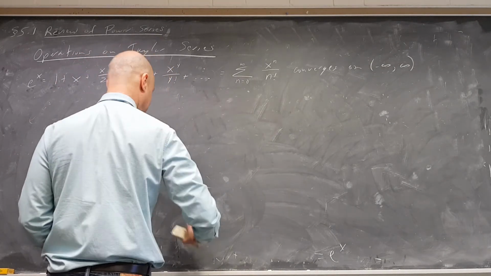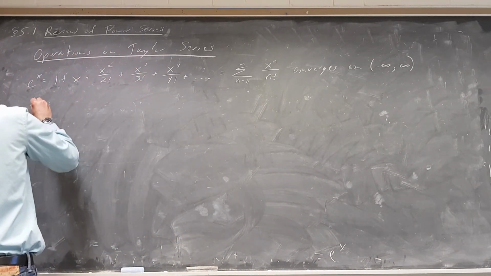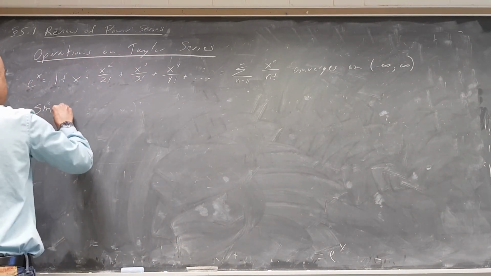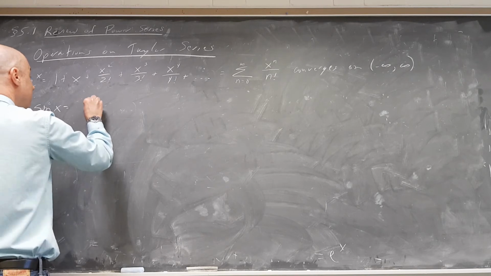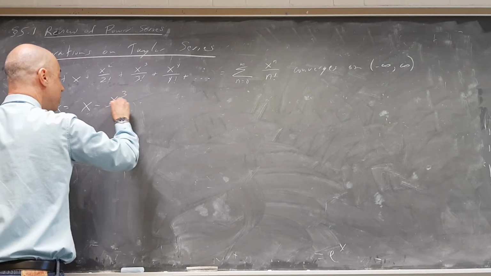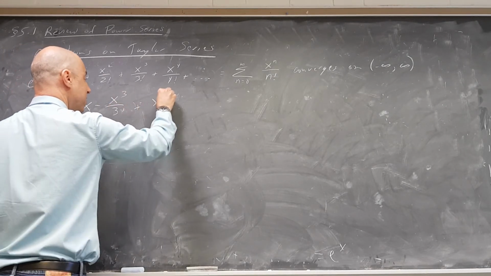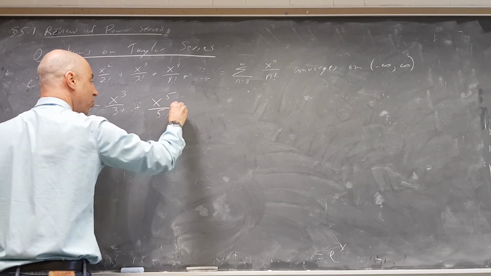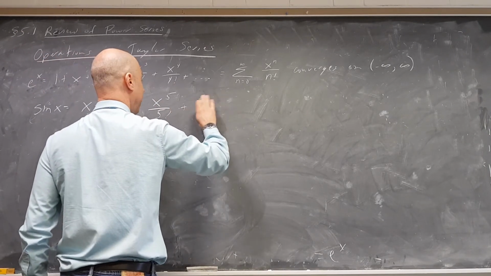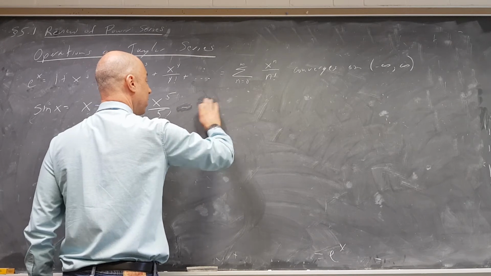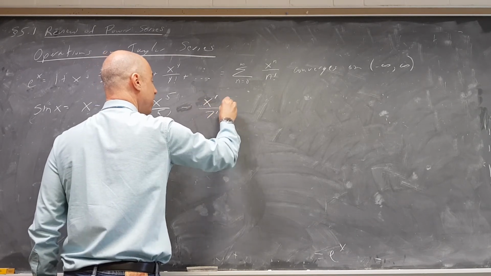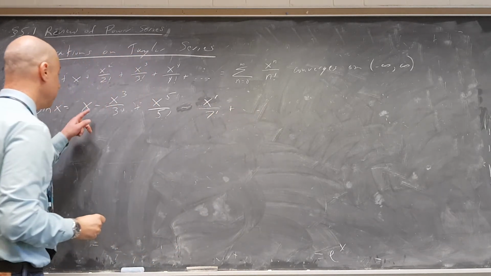This is one of the Taylor series that you can commit to memory. So sine x, we know, is x minus x cubed over 3 factorial plus x to the 5th over 5 factorial minus x to the 7th over 7 factorial plus and so on, minus plus minus.